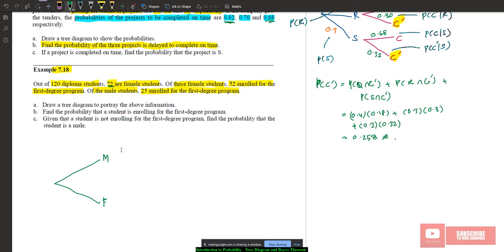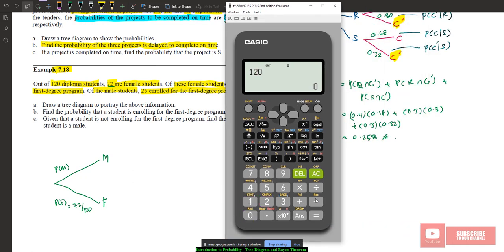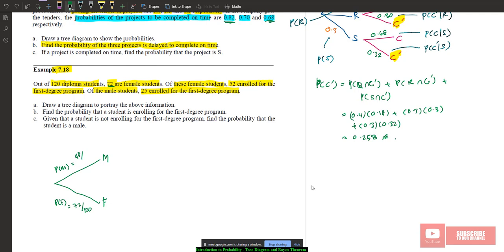They said that 72 are female students. So the probability of F should be equal to 72 over 120. Right? And probability of M, 120 minus 72, you got 48. 48 over 120, right?